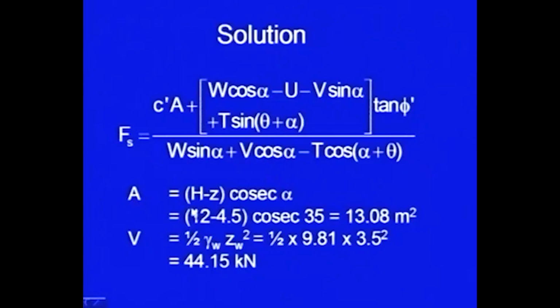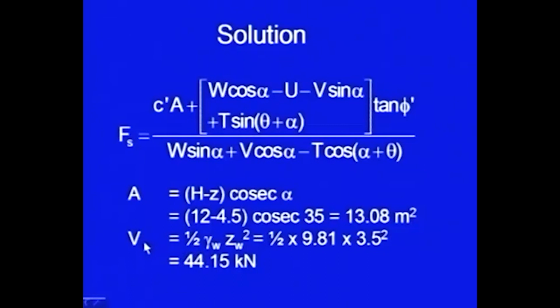So, the expression of A can be easily derived here. A will be equal to, alpha is the angle with the horizontal, so (H minus Z) into cosec alpha into 1, that gives the area on which sliding is going to take place. So, H is 12, Z is 4.5 and alpha is 35, so you get area 13.08 meters square.